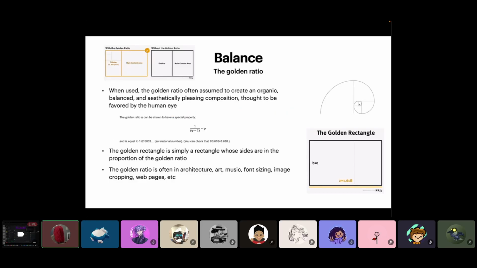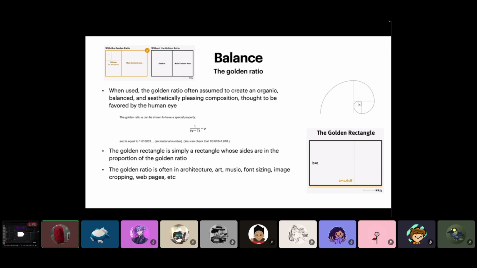Another thing to consider when you're trying to balance your UI is the golden ratio. Some UI and UX designers say this doesn't really matter, but some really like to use it. So the golden ratio is basically this ratio that people say is pleasing to the human eye, and it also draws attention to certain places.